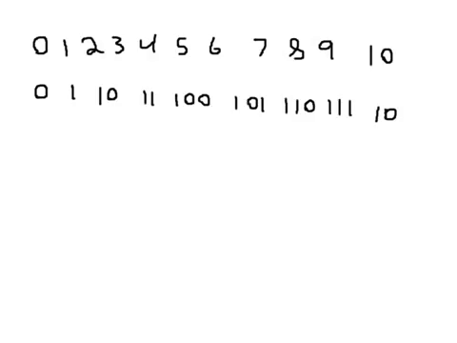So each digit in your binary number has a place value. So if I have an 8-digit binary number, let's say it's 1 0 1 0 1 0 1 0, then the first digit on the right hand side is the ones digit.